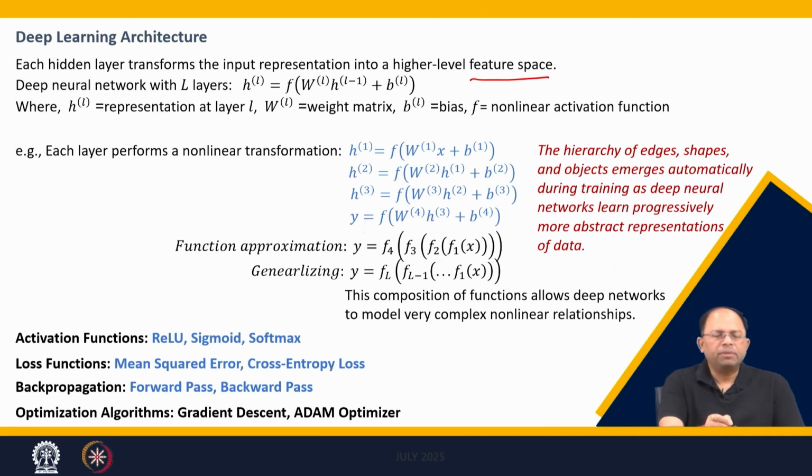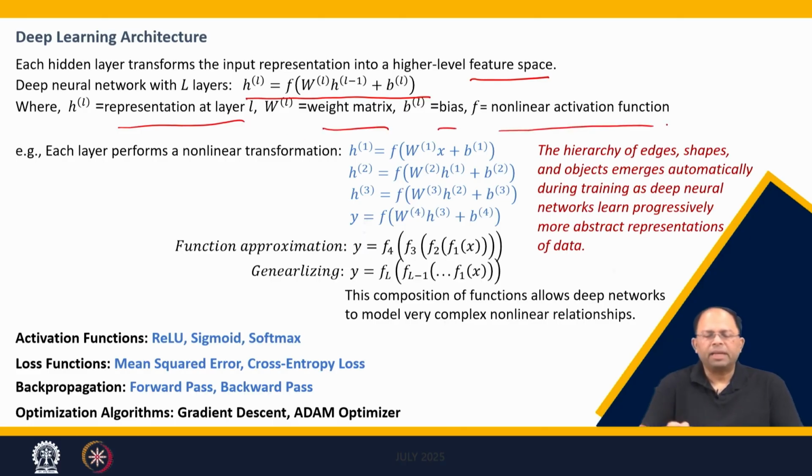A deep learning network with L layers could be represented like this, where H_L is the representation at layer L, W_L is the weight matrix, B_L is the bias, and F is the nonlinear activation function.